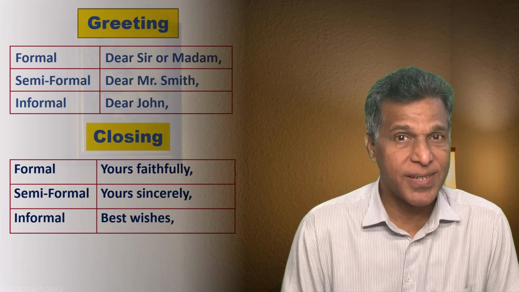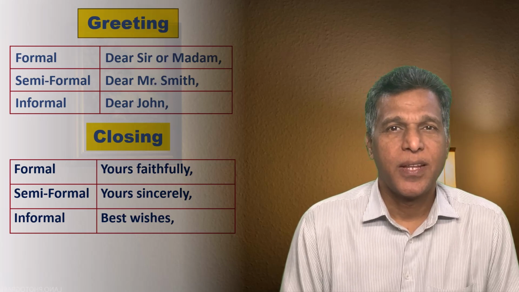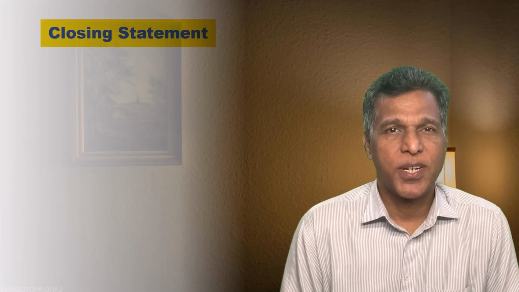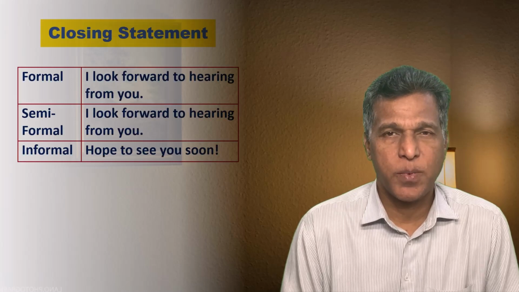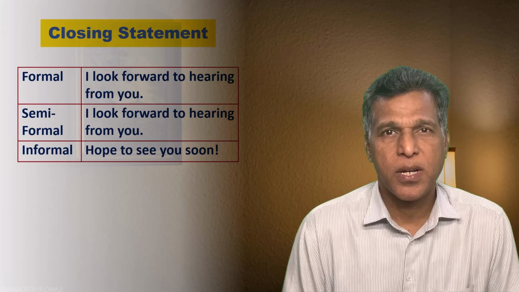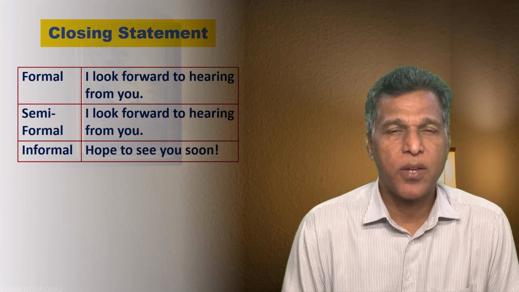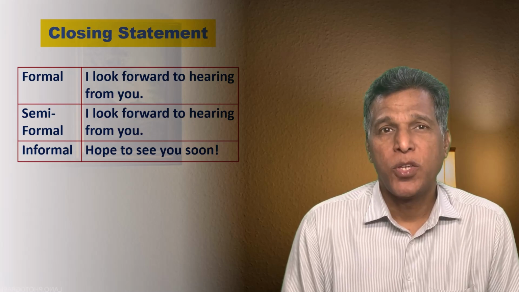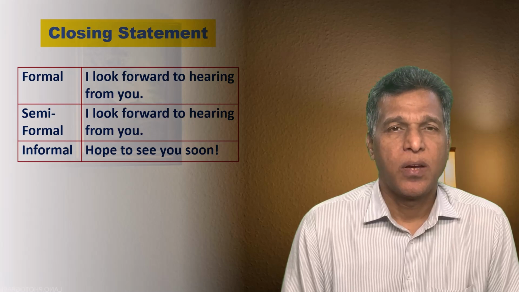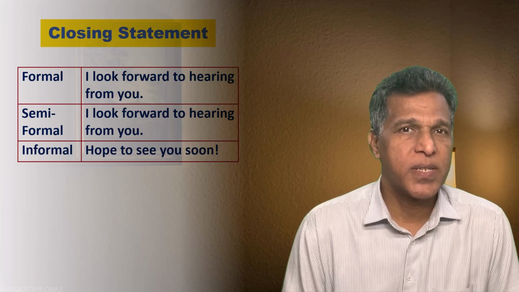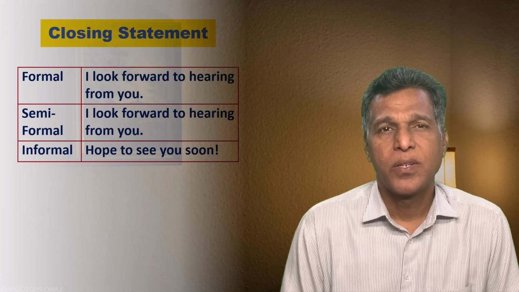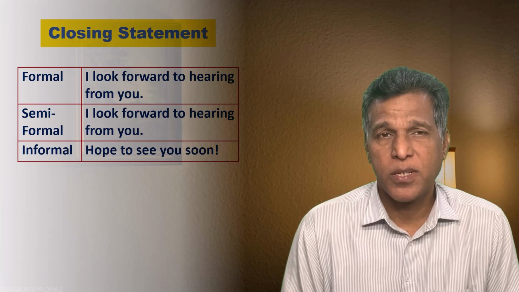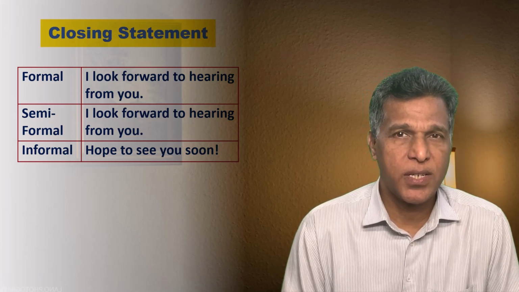Memorize this. And the last piece is the closing statement. When you write a closing statement for a formal letter, you write, "I look forward to hearing from you." Remember, you use ing after to: first form plus ing, hearing. Don't miss out this ing.